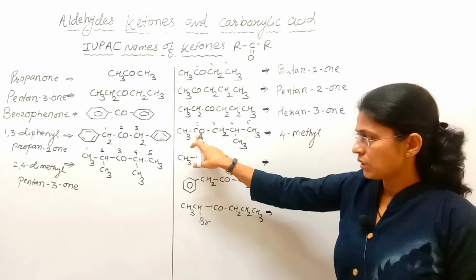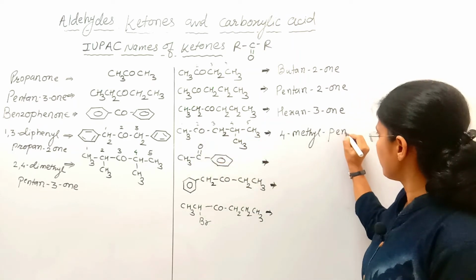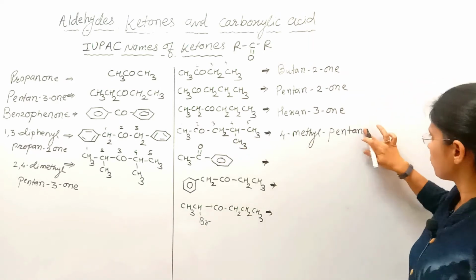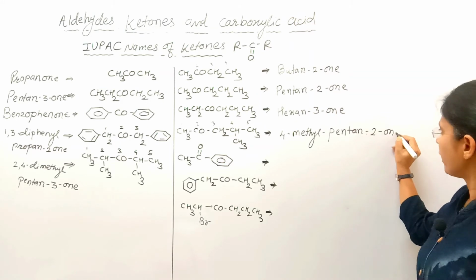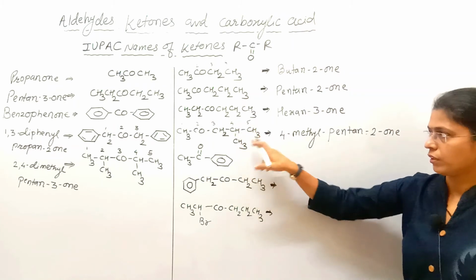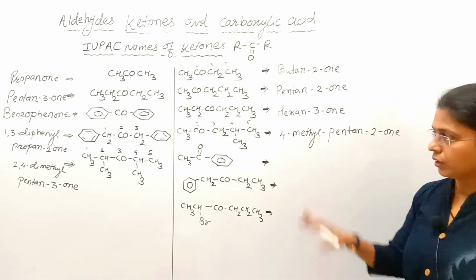At the 2 position CO, total carbon 5, that's why pentane. At the 2 position CO, so replace E by ONE, 2 ONE. Name of the compound: 4-methyl pentane 2 ONE.